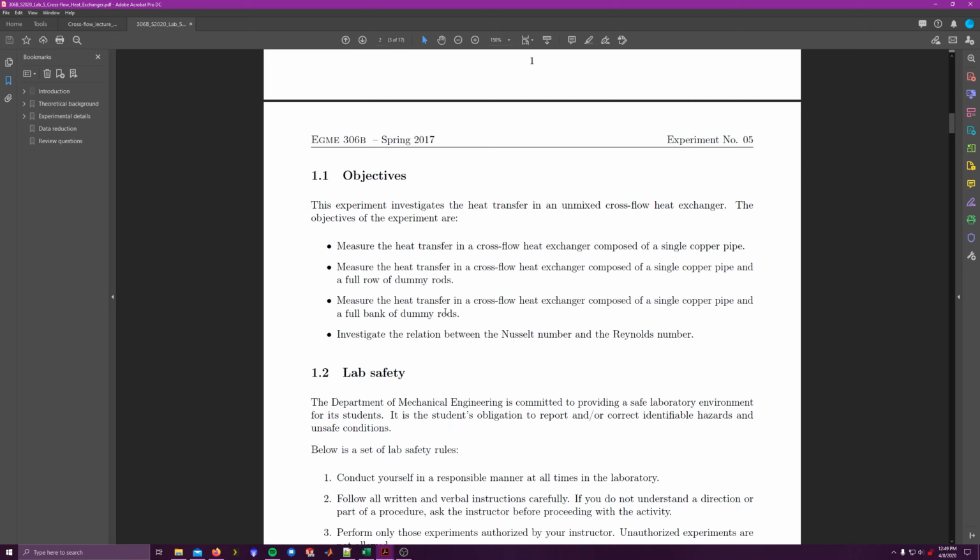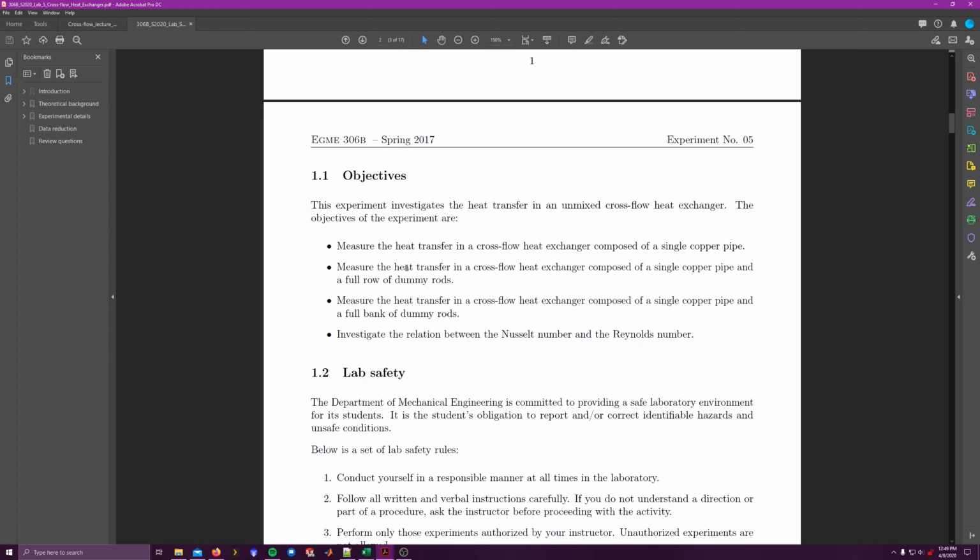And then we're going to do this again, but now we're also going to have a full bank of dummy rods. And then we will investigate the relationship between the Nusselt number and the Reynolds number. So we'll talk about that a bit more in the lecture as well.